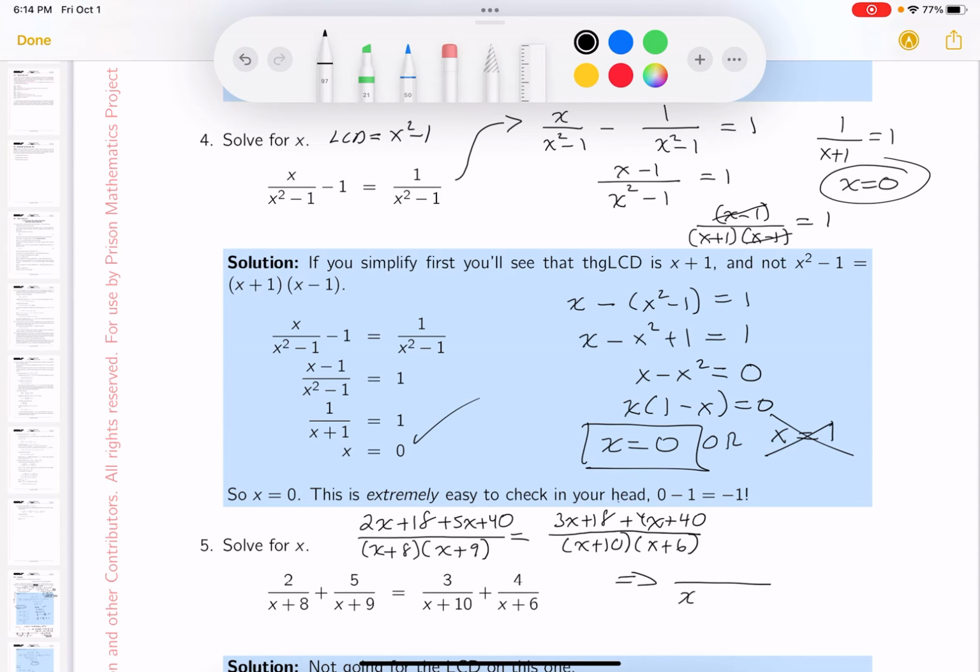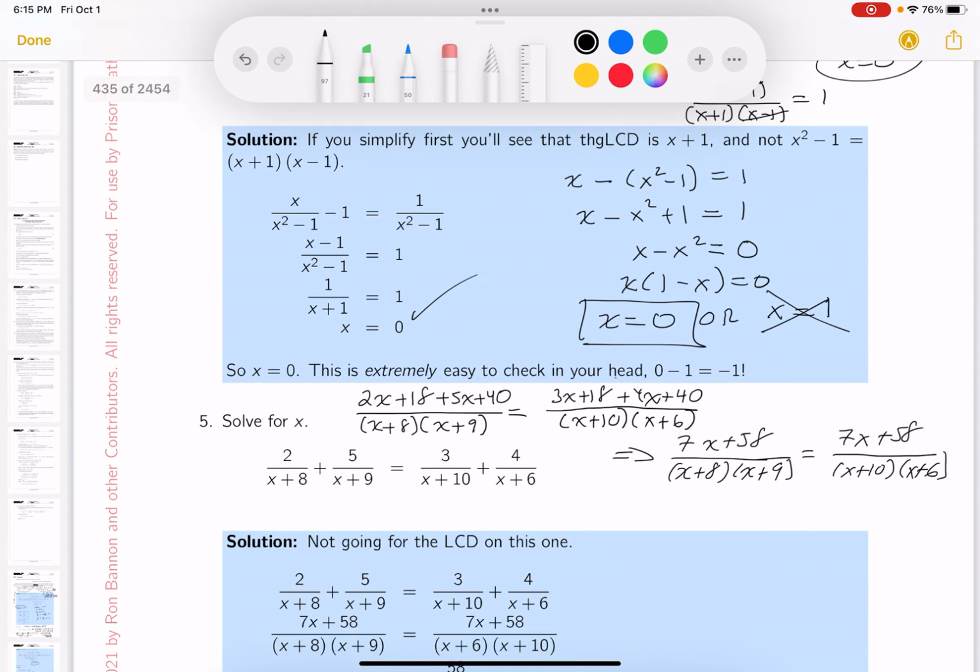What do you get? (x plus 8)(x plus 9) equals (x plus 10)(x plus 6). What goes in the numerator? Looks like 7x plus 58 on each side. Now, I hope you realize that you're looking at something that's remarkable.